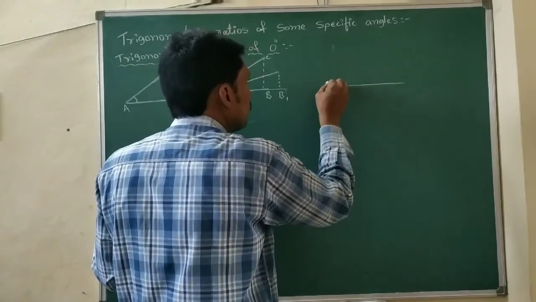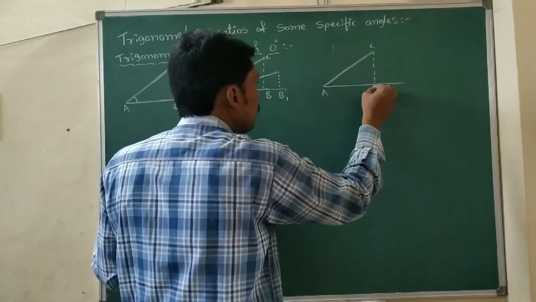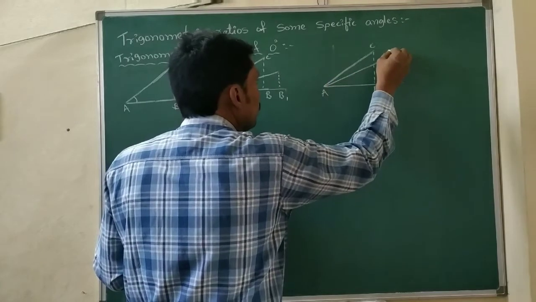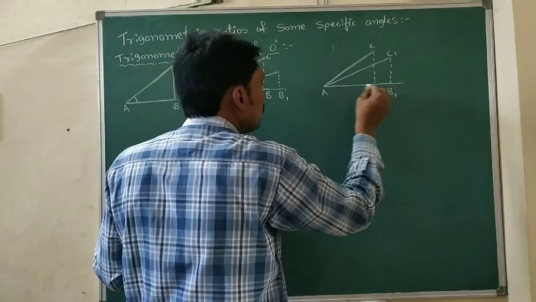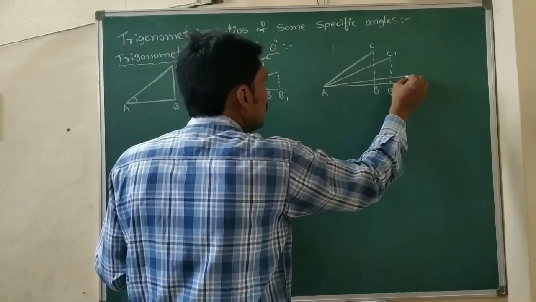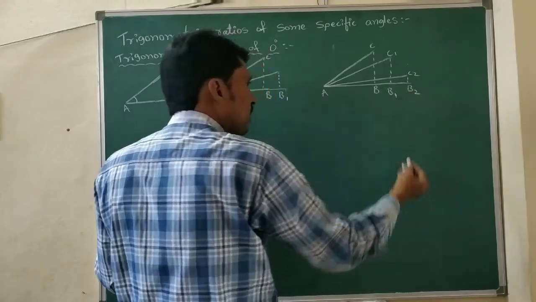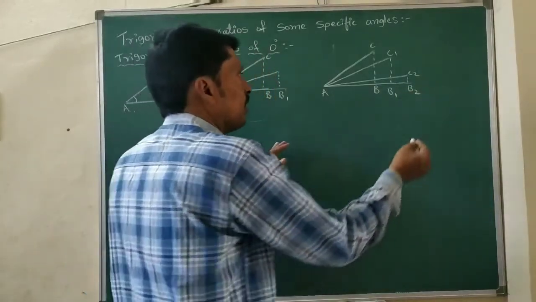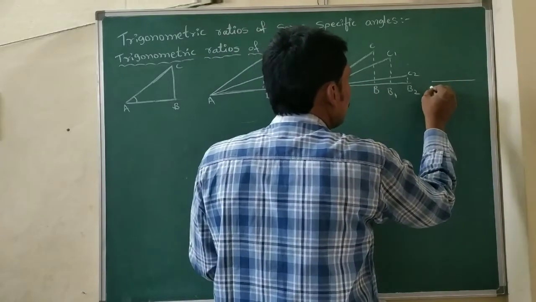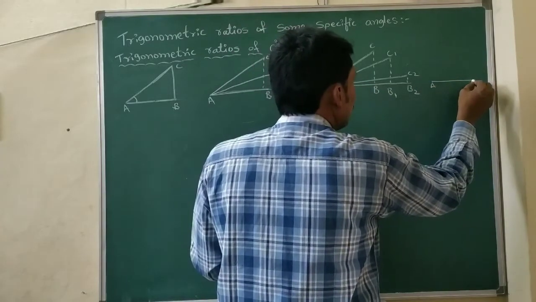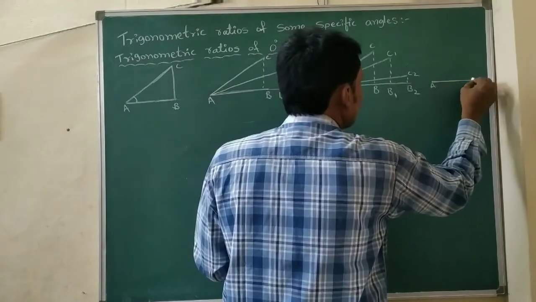So this is the point C, this is B, this is C1, here to here this is B1, next this is C2, this is B2. Again we are taking it like this. This is A, B and C we are getting.